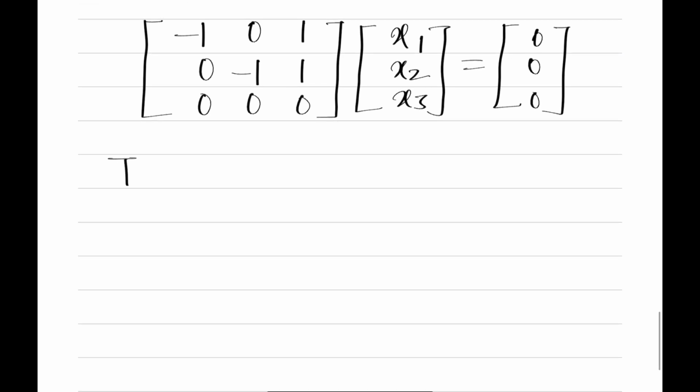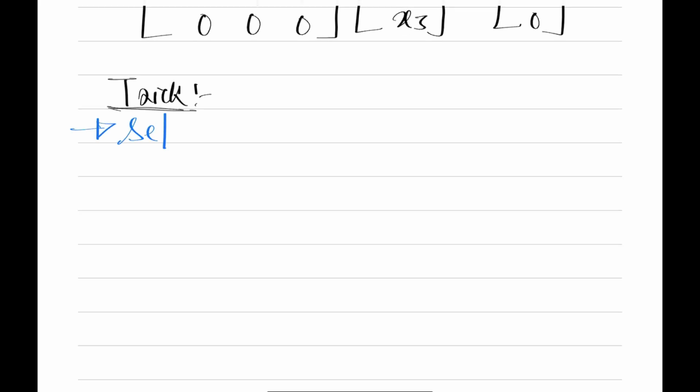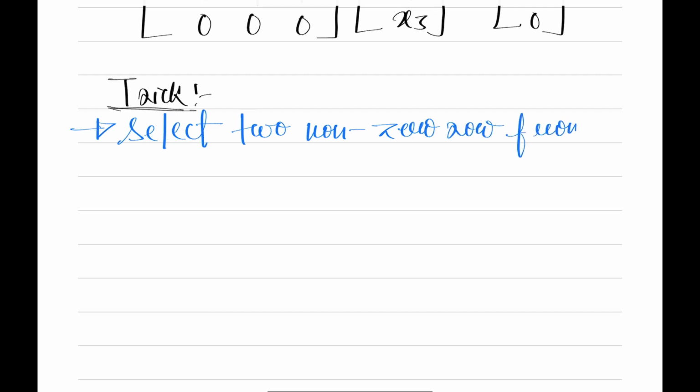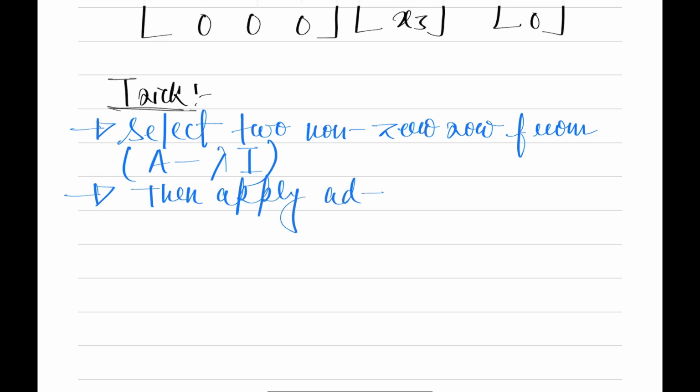Our trick will be: select two non-zero rows from A minus lambda I, and then apply AD minus BC.